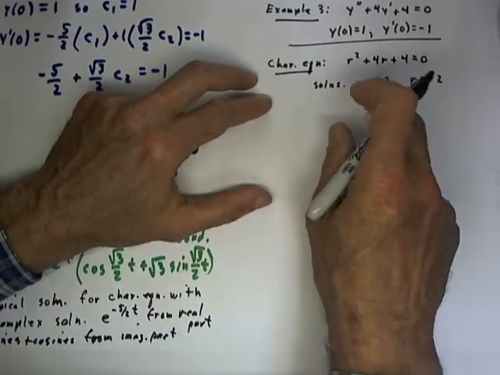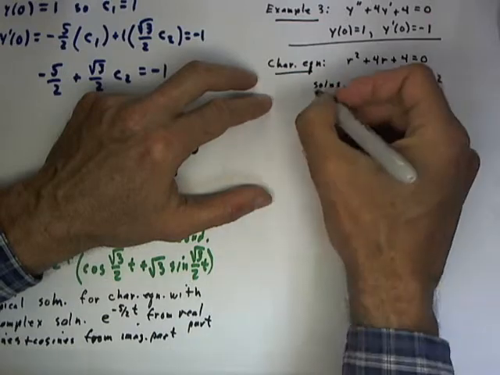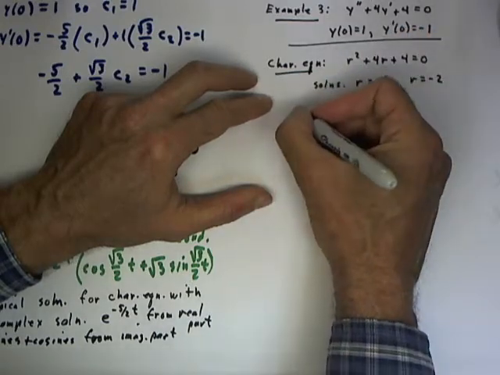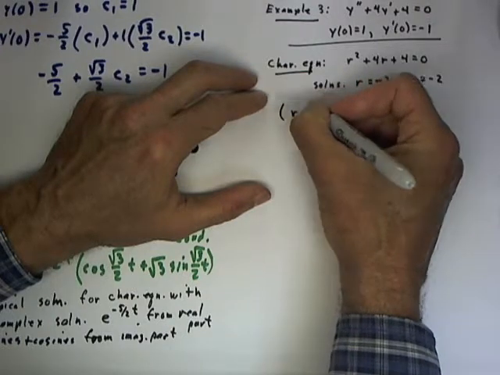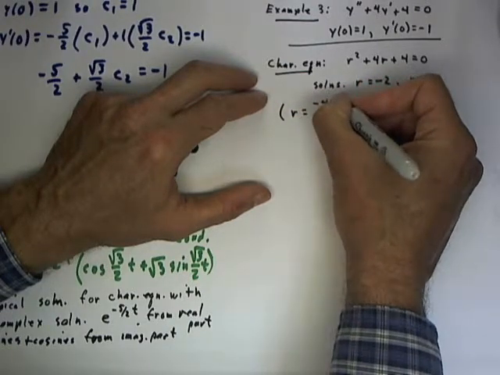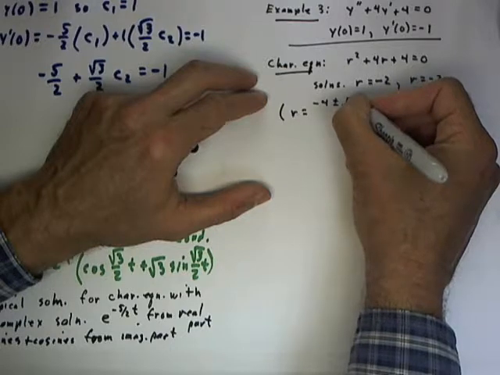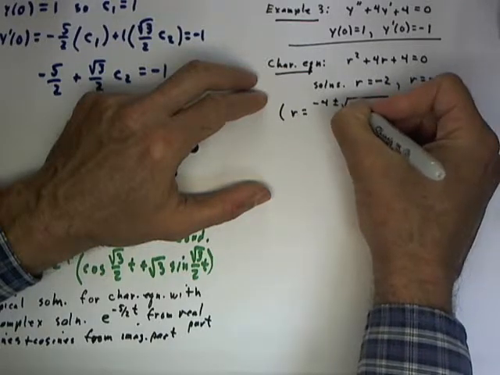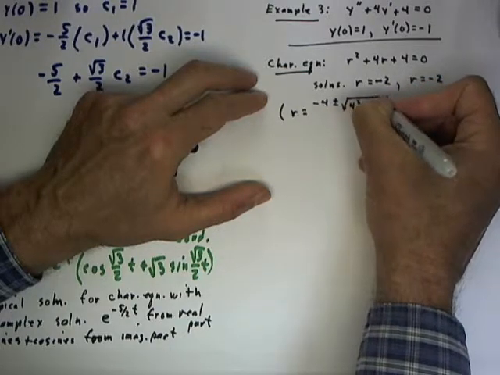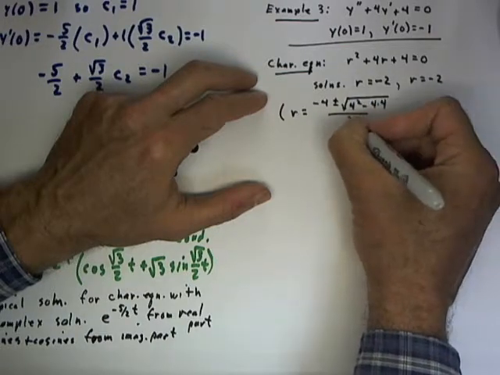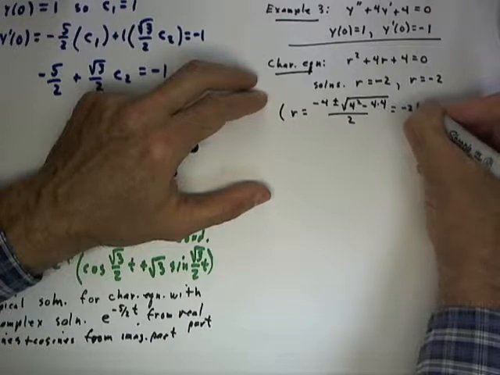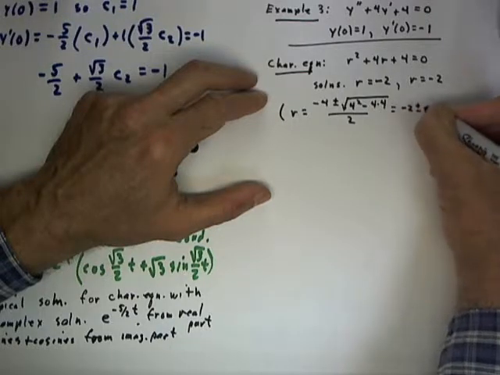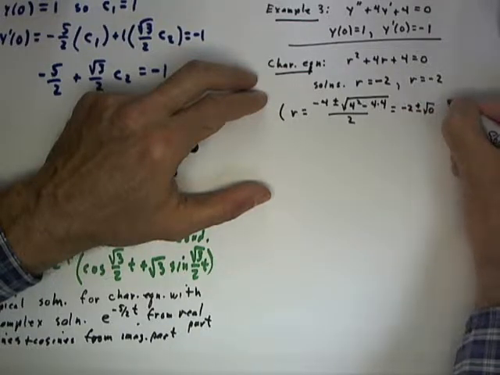There are two ways to see why we get the solution twice. Solutions of the quadratic equation would be r equals -4 plus or minus the square root of 4 squared minus 4 times 4, divided by 2, which is -2 plus or minus the square root of 0.